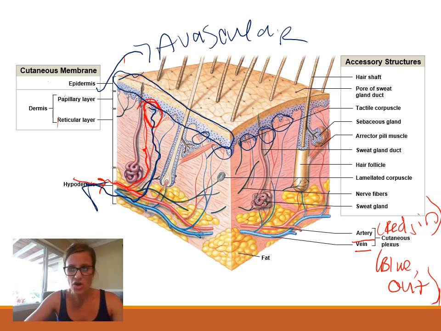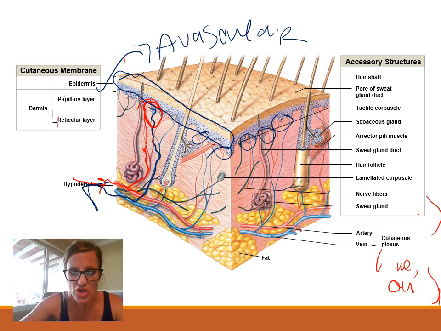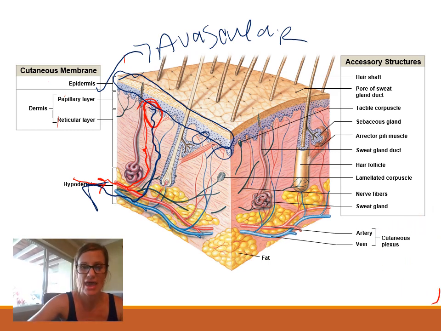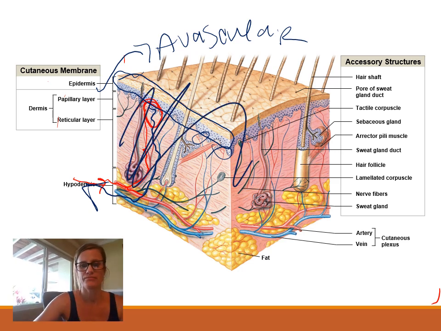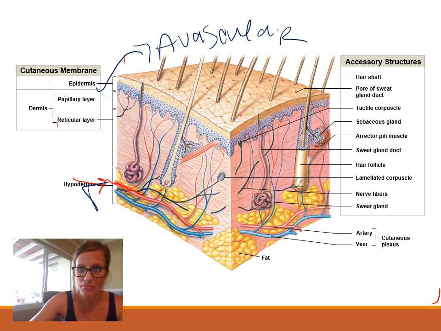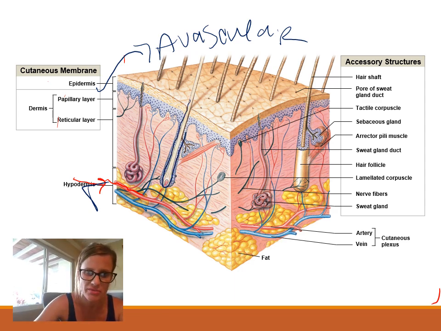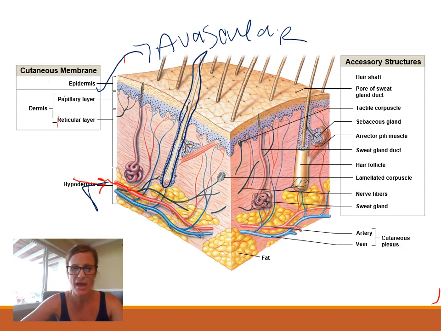Again, we mentioned that there are numerous different accessory structures. You see many hairs here. The hair actually comes down. It's anchored all the way deep down in the dermis, and then it extends out past the surface. You'll notice the hair is surrounded by a hair follicle.